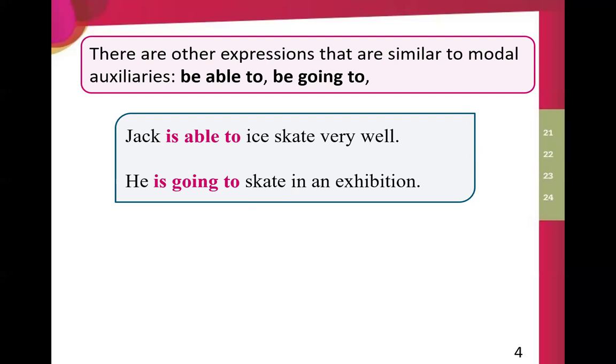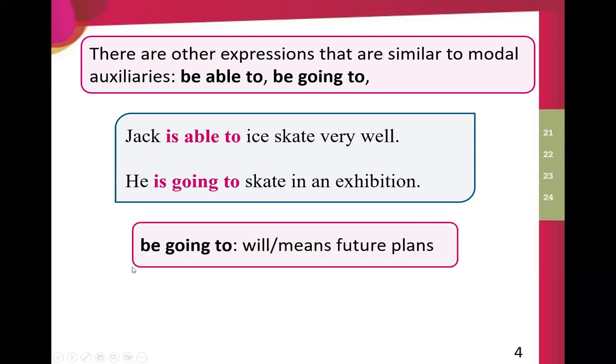Concentrate with me, please, to understand that. Be going to means future plans, so it adds the meaning of future plans to the verb skate. So he will skate. He has future plans to skate in an exhibition.